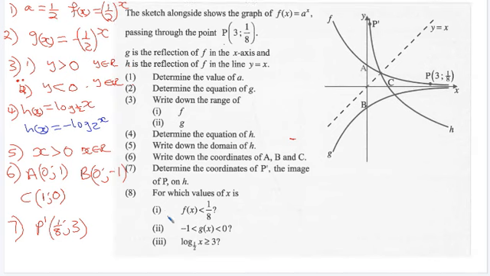All right. For which values of x is f of x greater than 1/8? Where is f of x? This is f of x, right? And we have a coordinate 1/8. This is the y. So we are saying we have a 1/8 there. And this 1/8, we can draw a line.